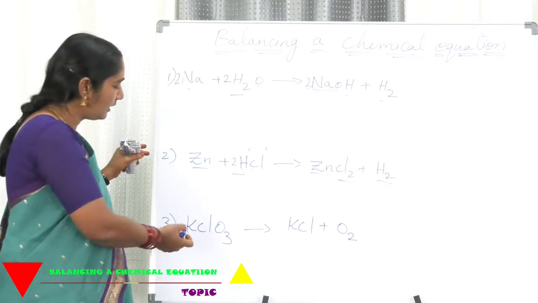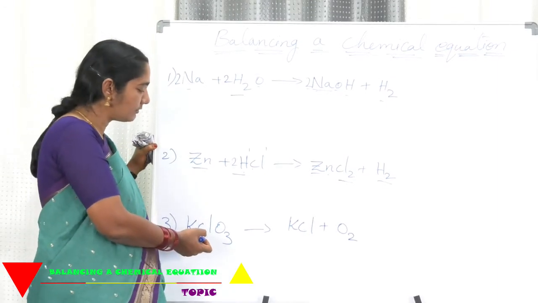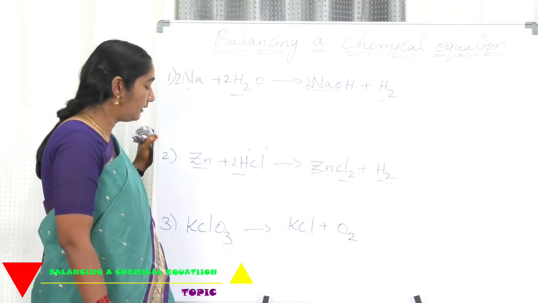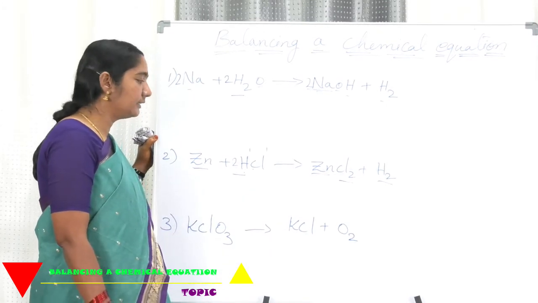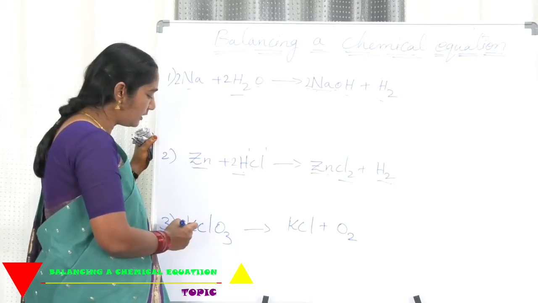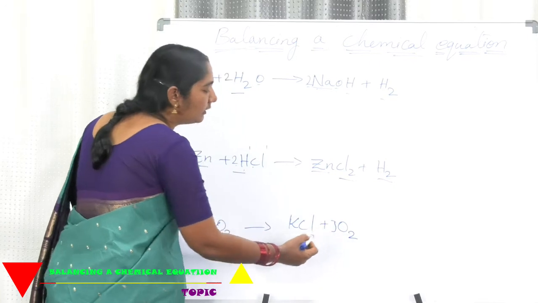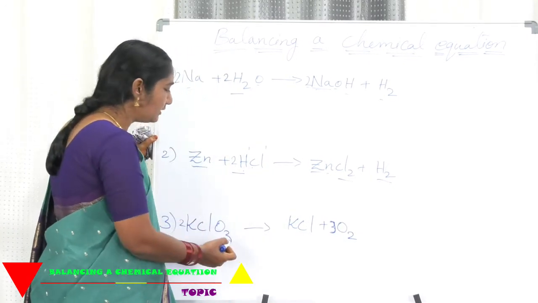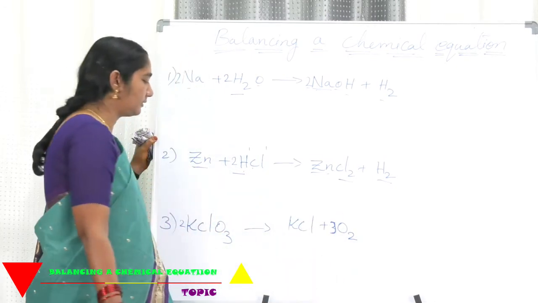Here K is 1, chlorine also is 1, but oxygen is 3 here and 2 there. So let us go for some correction. Let me write 2 here and 3 here. Why am I writing 2 and 3? So that 2 threes are 6, 3 twos are 6.